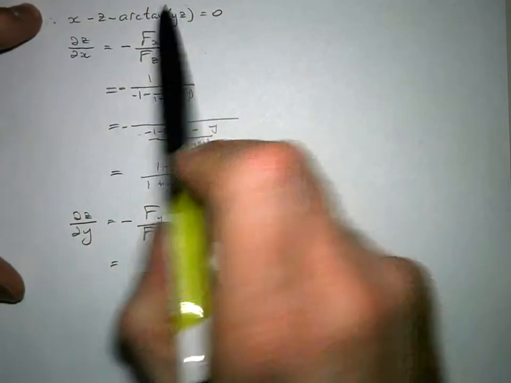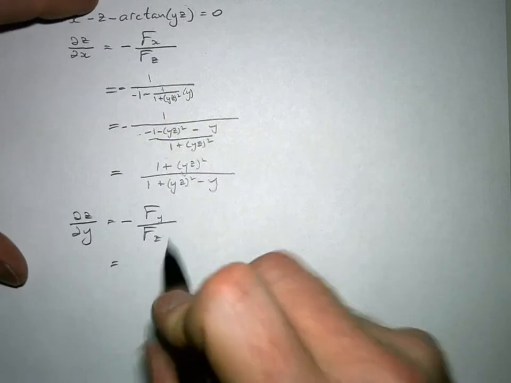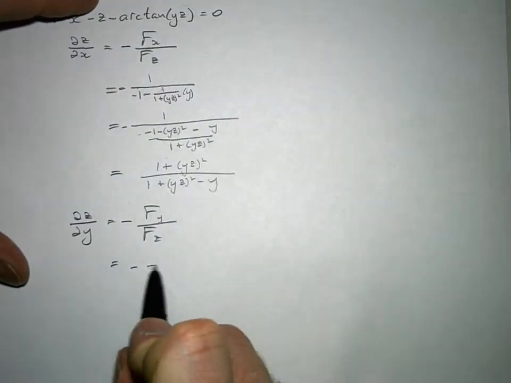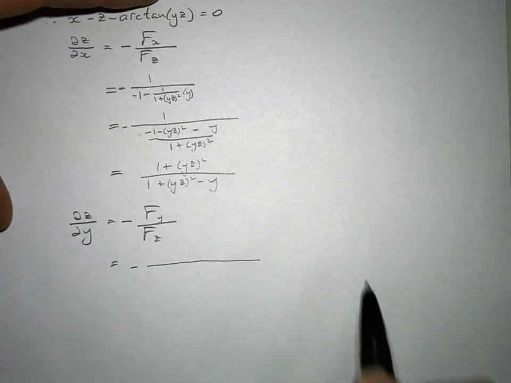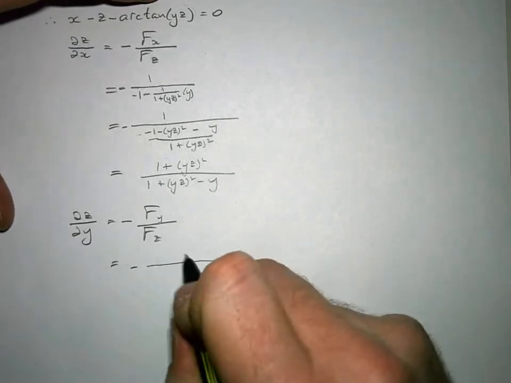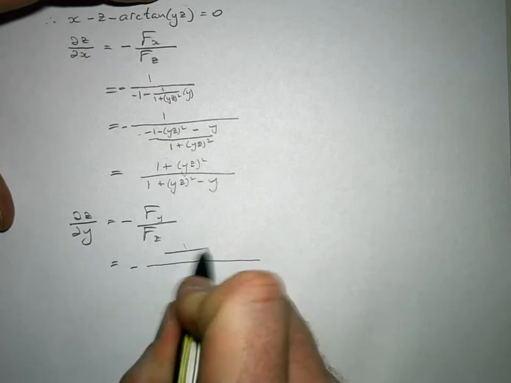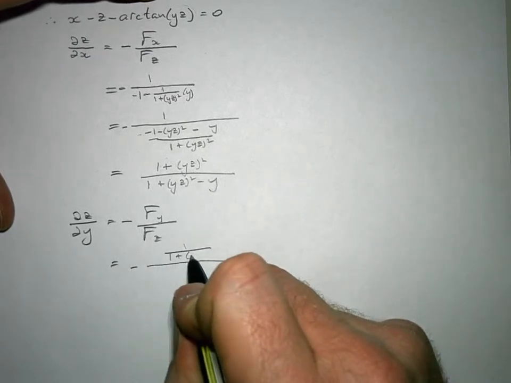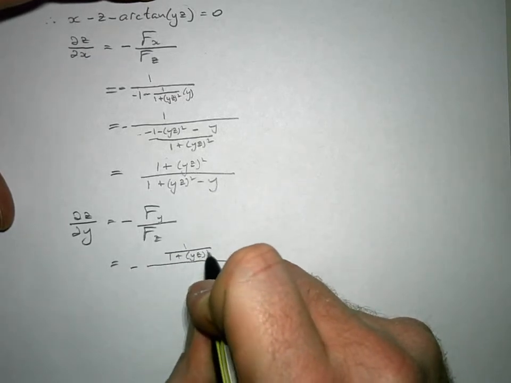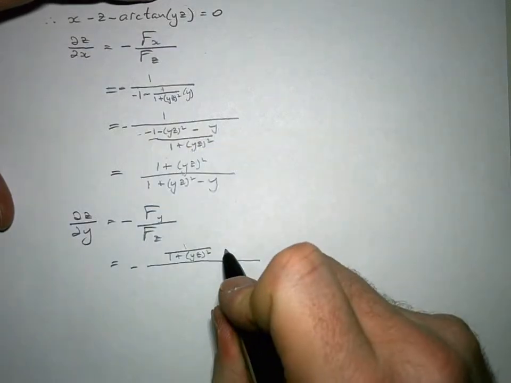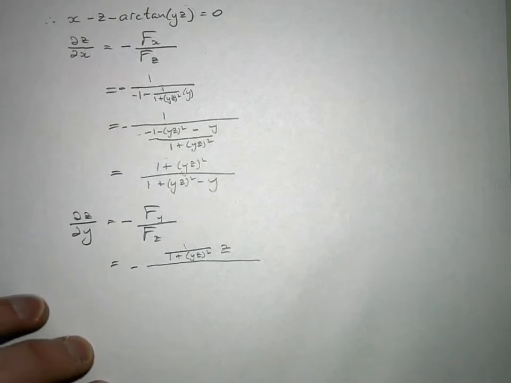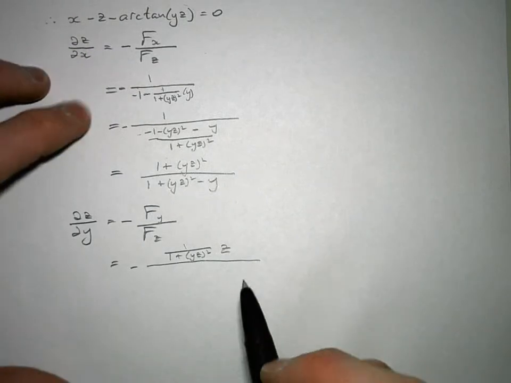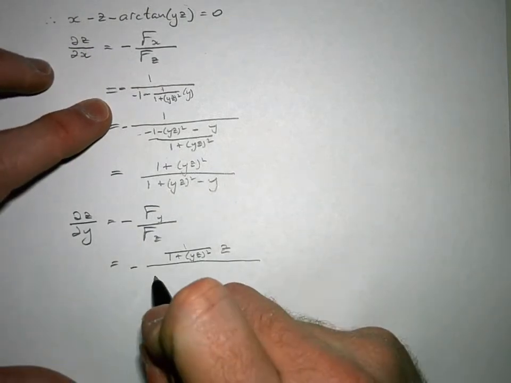When we differentiate with respect to y, both of these disappear, but in our numerator we have the derivative of arctan yz with respect to y. That's going to be 1 over 1 plus yz squared, that's the derivative of arctan, multiplied by the derivative of the inner function with respect to y, which is z. And of course our denominator is going to look exactly the same as it did before.